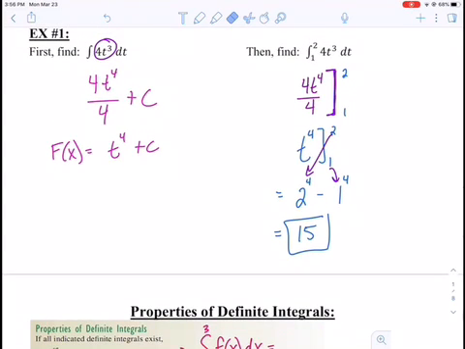And so I end up getting a change of 15. So my integral of 4t cubed from 1 to 2 happens to be 15. That's the same thing as asking you for the area underneath the curve of 4t cubed from 1 to 2. That's the same thing as asking you for the original function's net change.